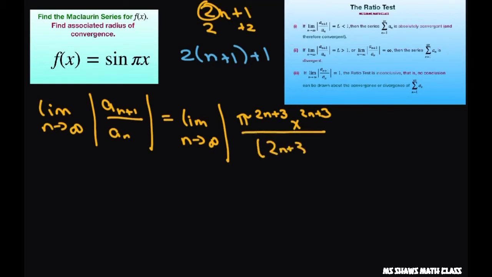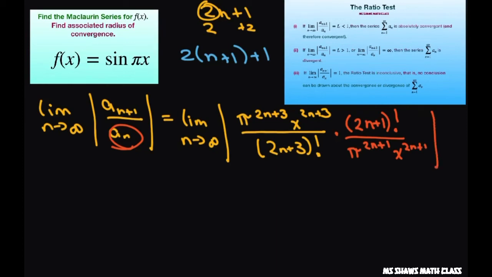divided by 2n plus 3 factorial. Then we divide by a sub n, our original, which is the same as multiplying by the reciprocal. So we're just going to flip what we had around: 2n plus 1 factorial divided by pi to the power of 2n plus 1 times x to the power of 2n plus 1. All right, let's see what we have here.